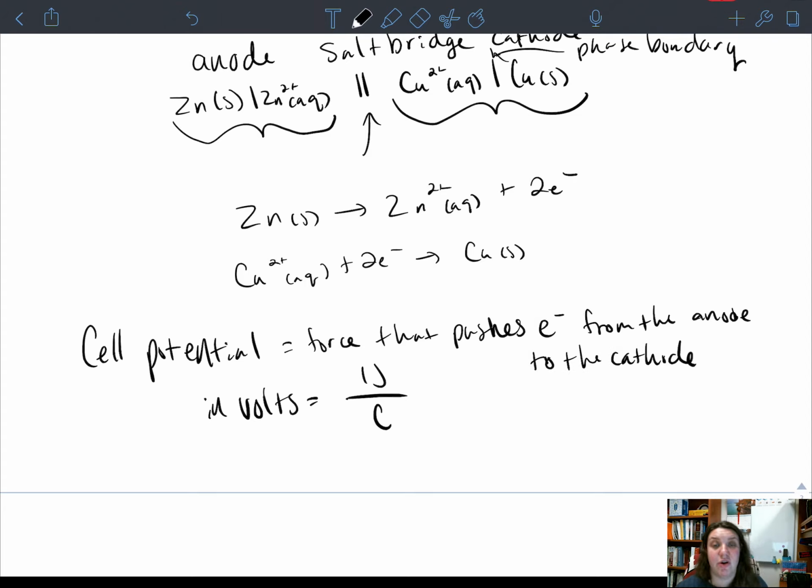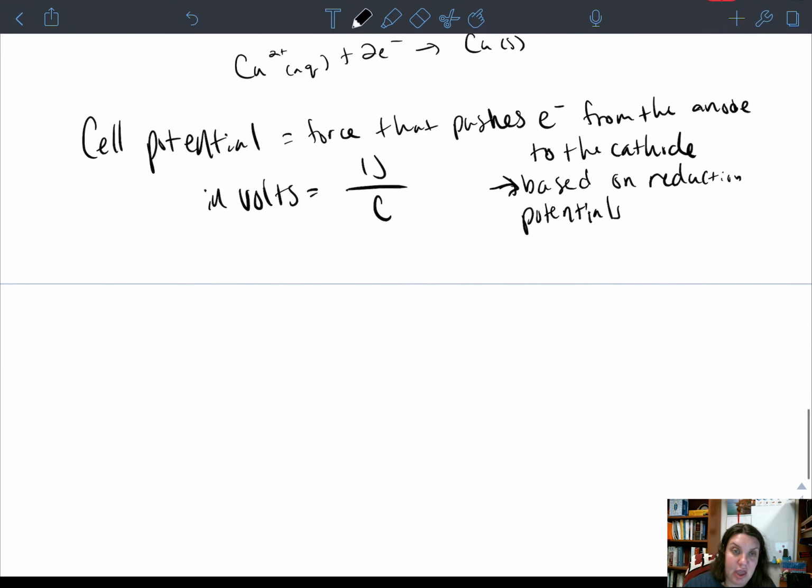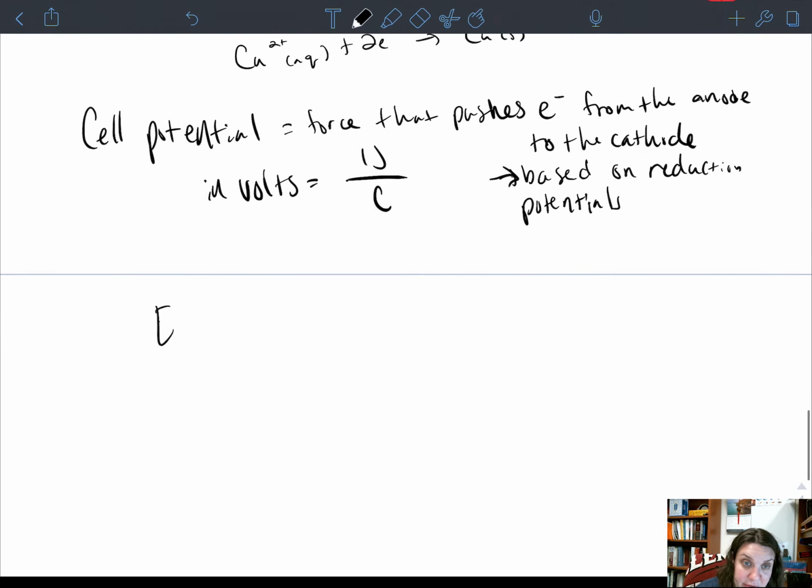It's based on reduction potentials. So how much a substance wants to be reduced or how little a substance wants to be produced.